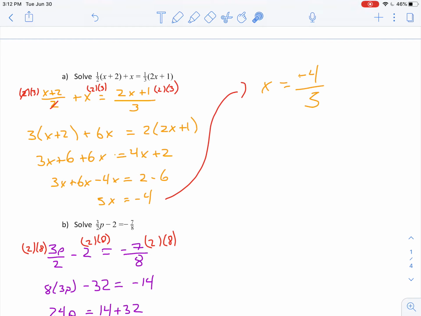The other fraction that we see is on the right side. I have a denominator of 3. How do I eliminate that? I multiply it by 3. Now we know that what we do to one side, we do to the other, which we've done, but it also affects that third term. So every term in the equation must be multiplied by a factor of 3 as well.